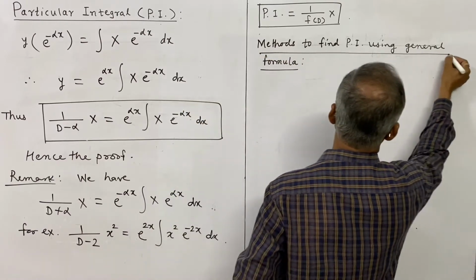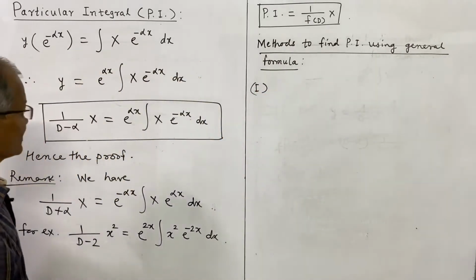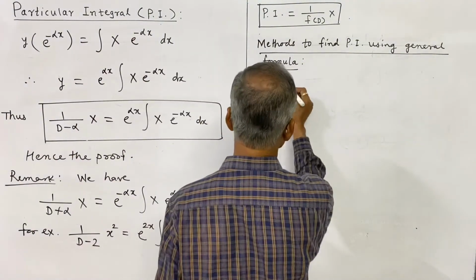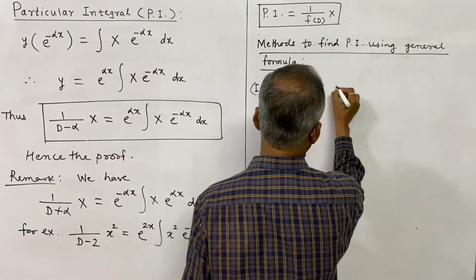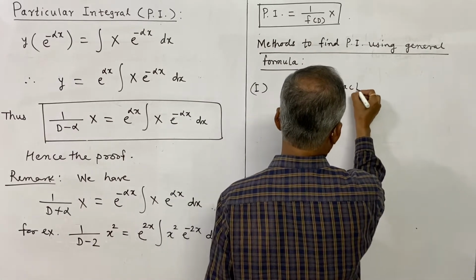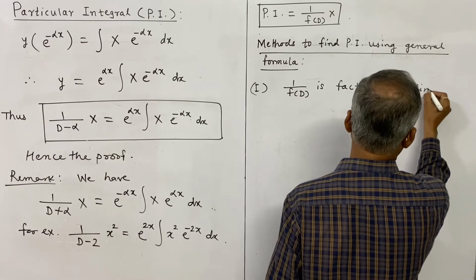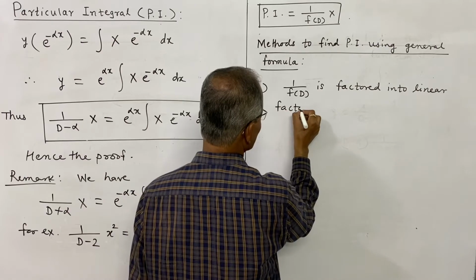The first method is: 1 upon f of D is factorized into linear factors.